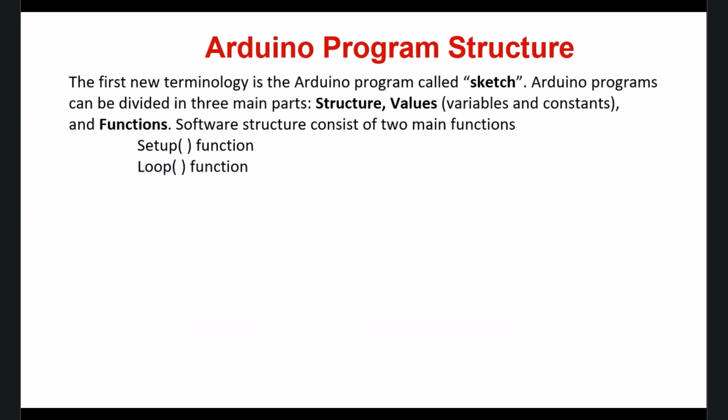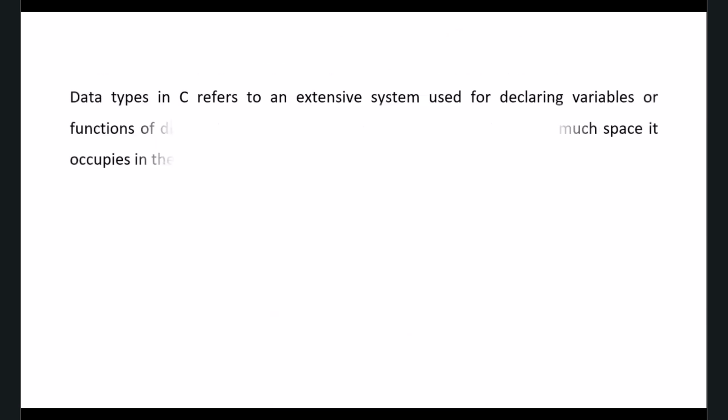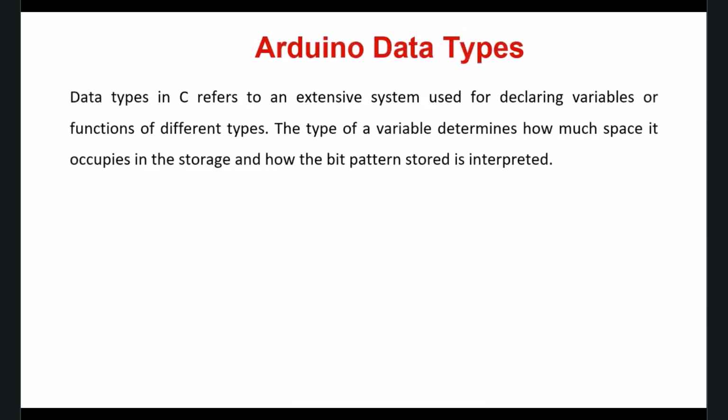First is called the setup function, and the second one is called the loop function. You can see in the sketch diagram here, the first part is void setup, wherein we can write the setup code, and the second part is called void loop, wherein we write the code which we need to repeat continuously.